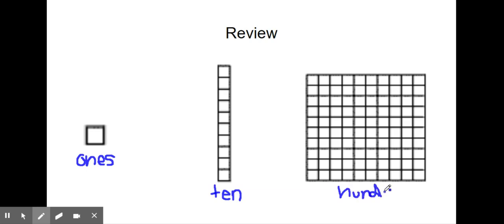So looking at this and thinking back to what we have learned, how many ones do I need to make a 10?